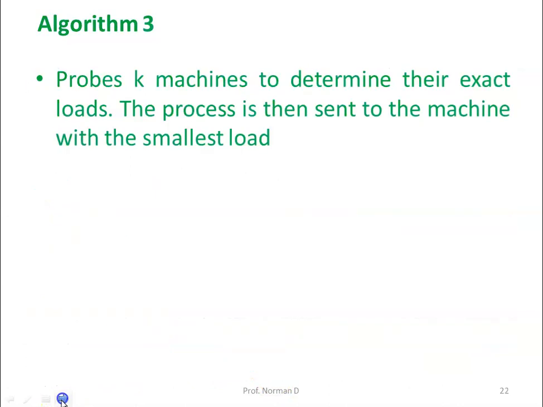And the third algorithm probes K machines to determine their exact load. After determining the load, the process is then sent to the machine with the smallest load.